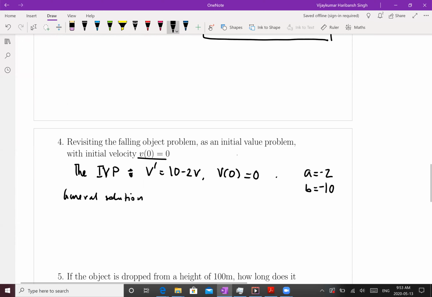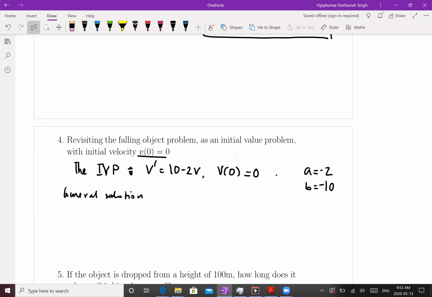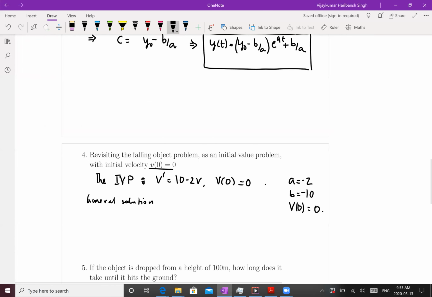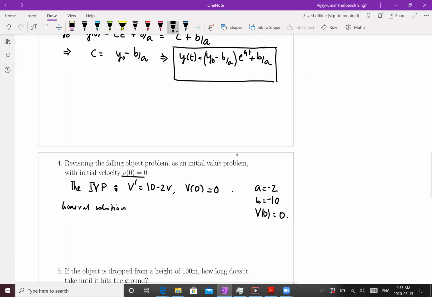So the solution is going to be, and of course y0, or v0 rather, because the variable is v, is 0. If you substitute in this equation, you get v(t) = (v0 - b/a) e^(at) + b/a.